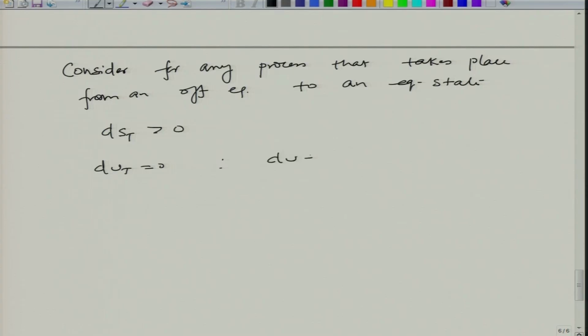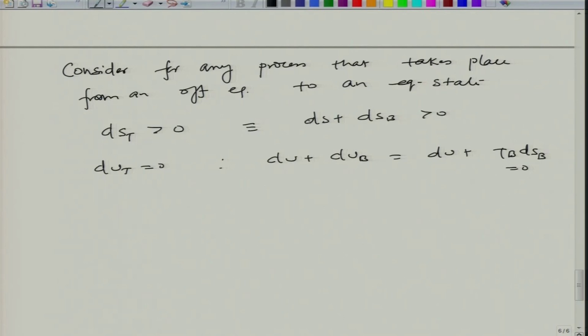So, this is du plus dub is equal to du plus dB TSB, right. This is still equal to 0. Okay. So, we are still considering a slow and reversible process. In this case I can write this as, right, this is nothing but your dS plus dSB, okay. This is greater than 0, okay.